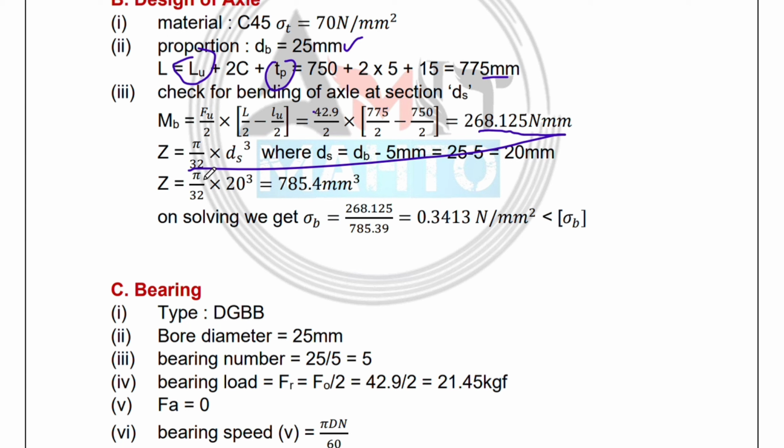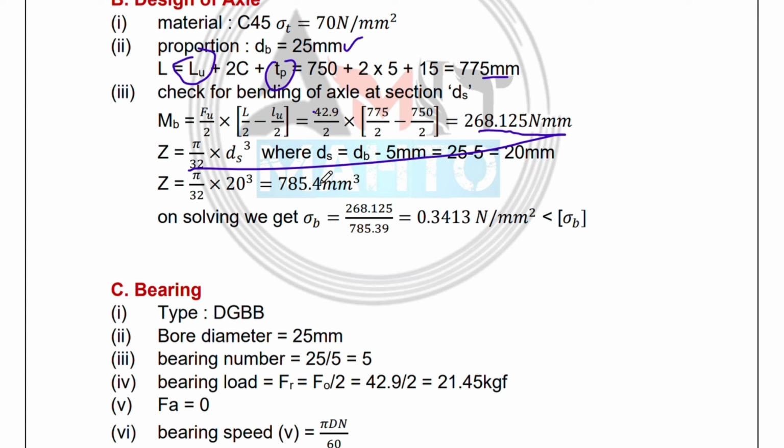Next we will find Z. Z is equal to pi by 32 into ds cube, while ds is equal to bearing diameter minus 5 mm. Bearing diameter is 25 mm, so 25 minus 5, we get 20 mm.